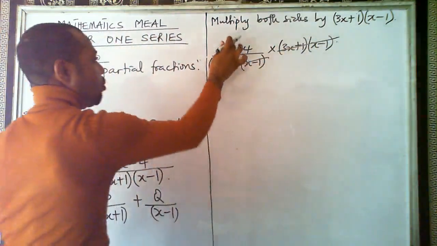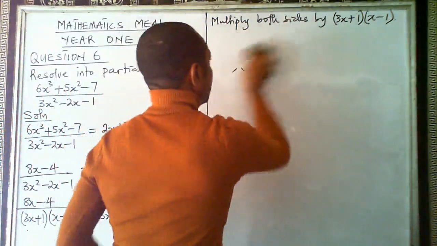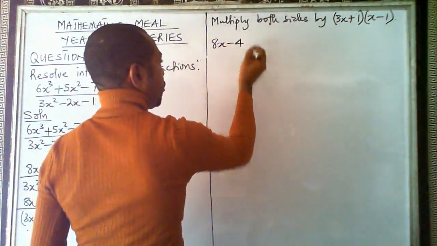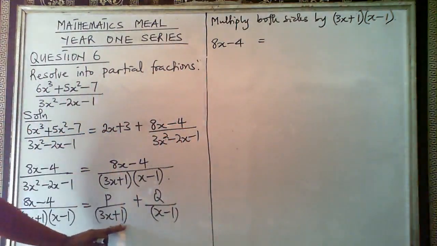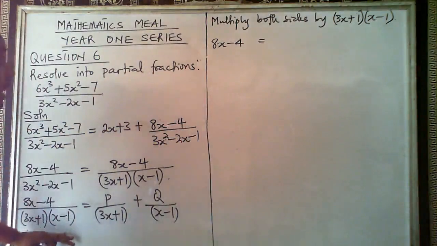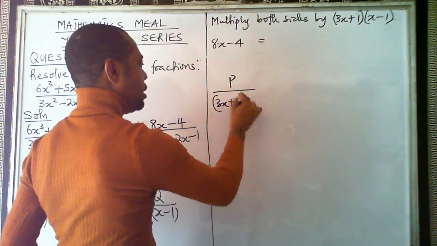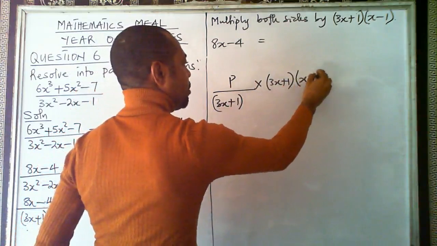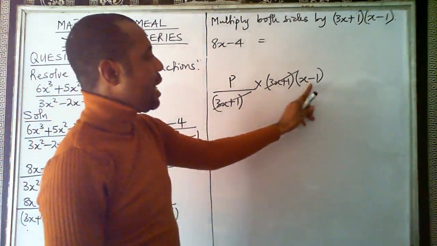This will cancel out, so we are left with this. So the left hand side now will become only 8x minus 4. Okay, equals, let's multiply P over 3x plus 1 by this again. So P over 3x plus 1 times 3x plus 1 into x minus 1. This is gone. So we'll be left with P and x minus 1.